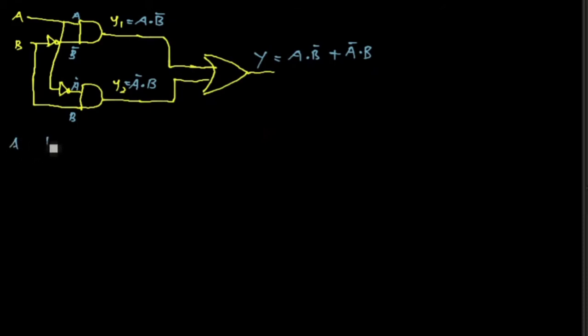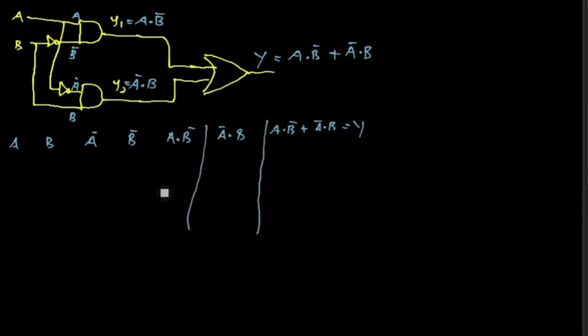Here it is A, here it is B, here it is A complement, here it is B complement, and here it is A and B complement, or A complement and B, which is the actual output. So let's see what these values are.